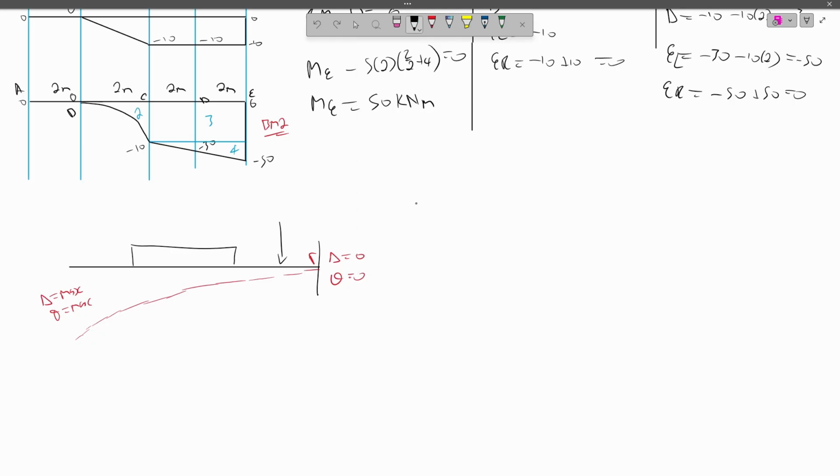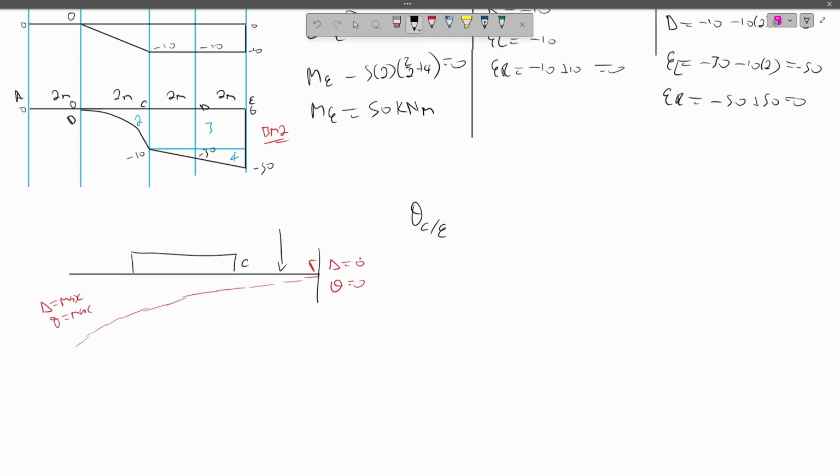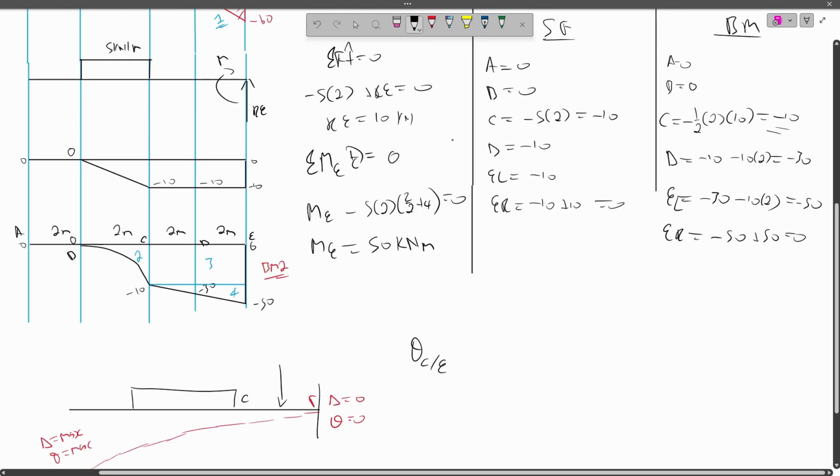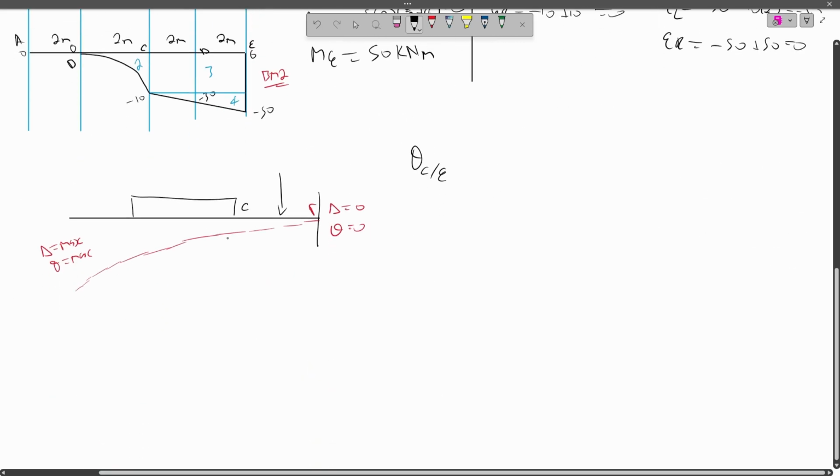Now our slope equation, our slope at C referencing B, we know our C is here. So for our slope, we're going to use shape 3, 4 as well as shape 1.